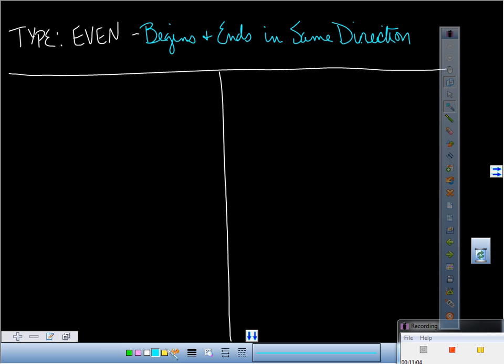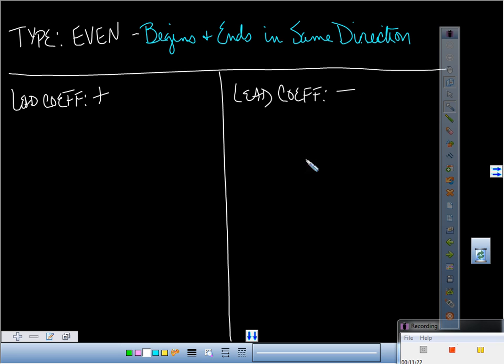Okay, so again, we're going to have a leading coefficient that's either positive or a leading coefficient that's negative. We'll draw us a couple of pictures.